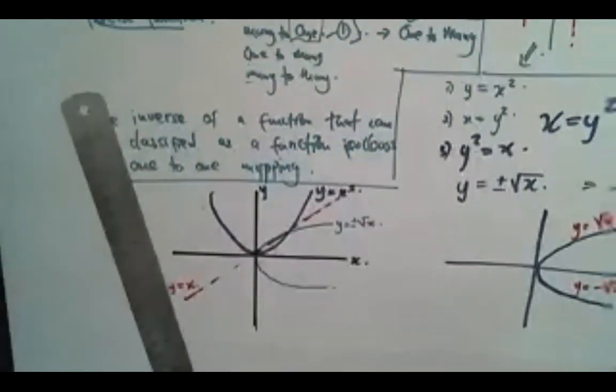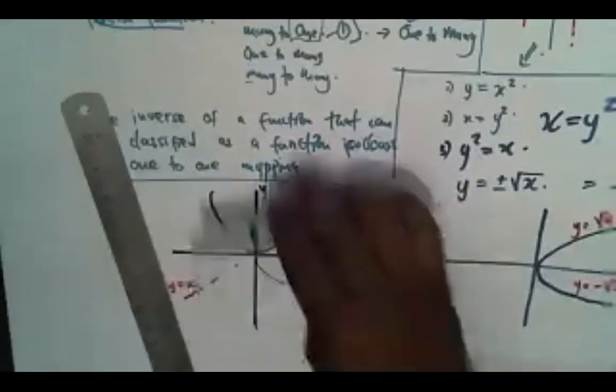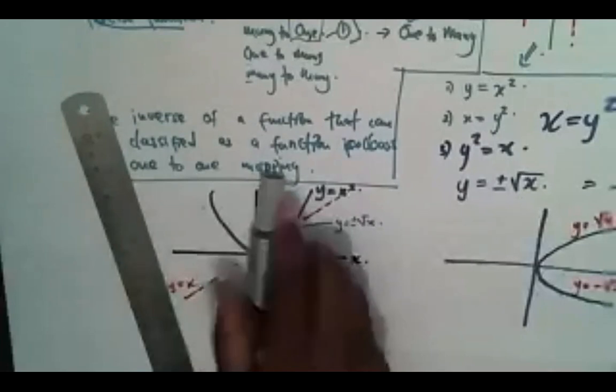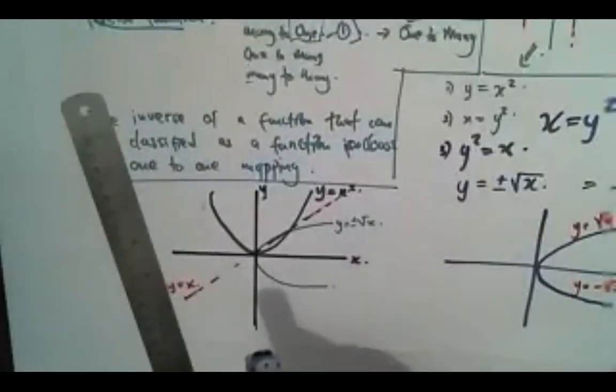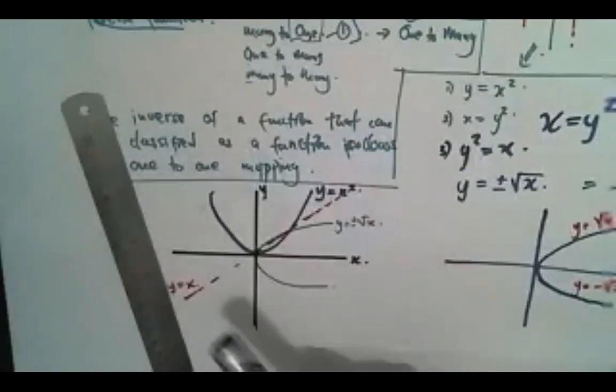That's how the graph is reflected when it is an inverse. Reflections can be about any line. We can reflect about the x-axis, we can reflect about the y-axis, but if we are talking about inverse functions, it means we are talking about a reflection about the line y equals x.